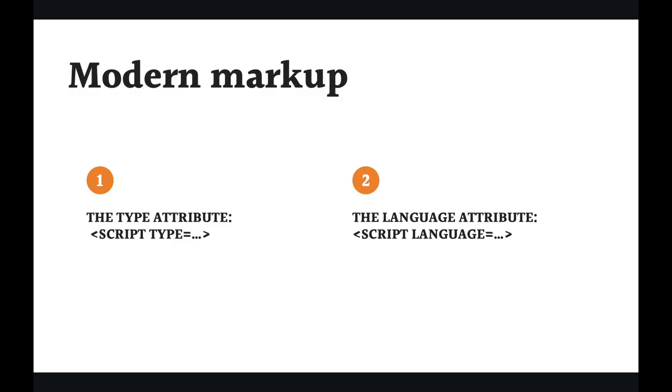Generally the value of type was text/javascript. Similarly, the language attribute was used to specify the language of our script code, but it's not needed anymore because the default language is JavaScript.